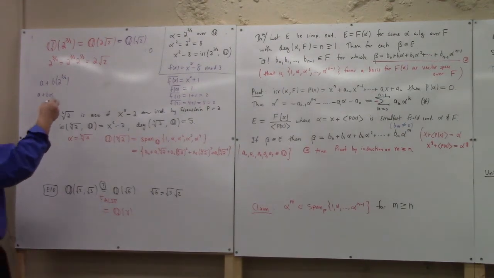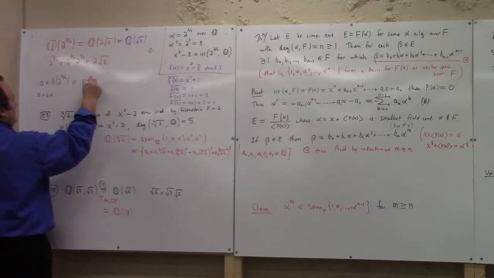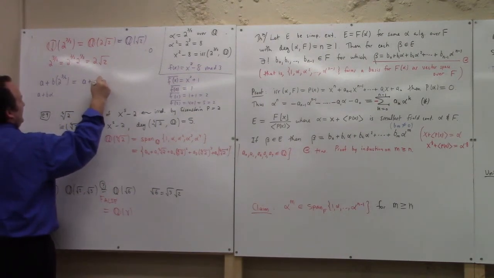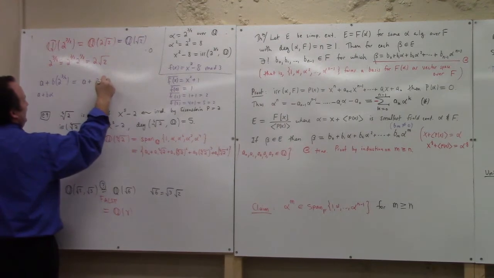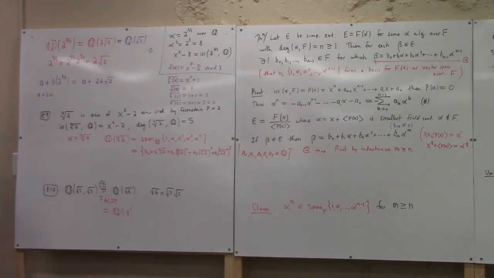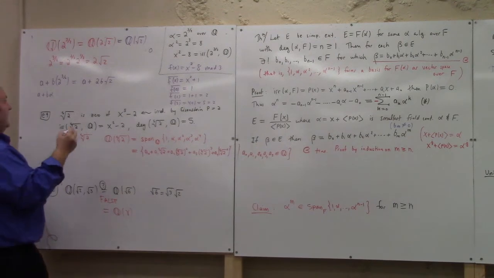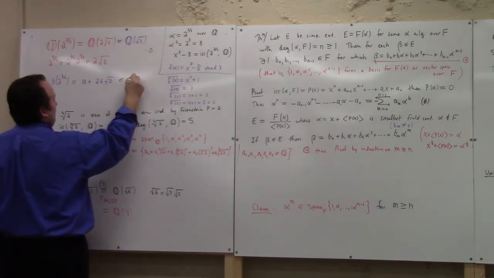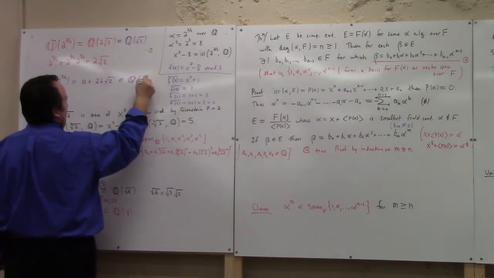And the thing is, this is a plus 2b square root of 2, which of course is an element of Q adjoin root 2 for essentially the same reasons.